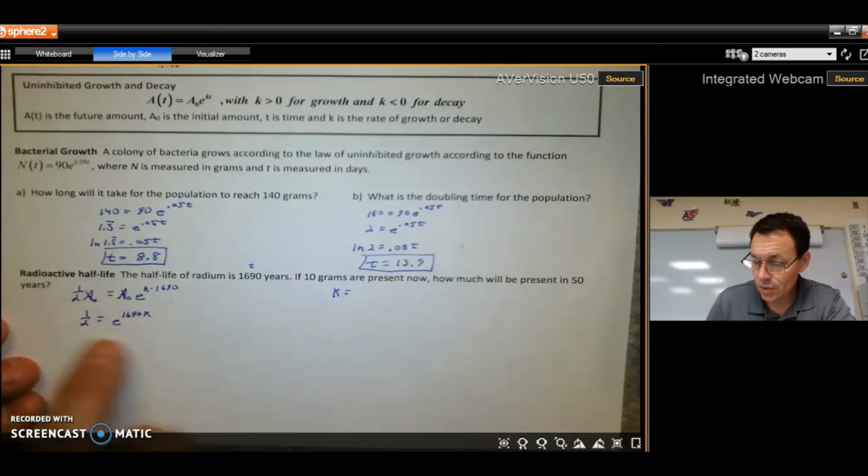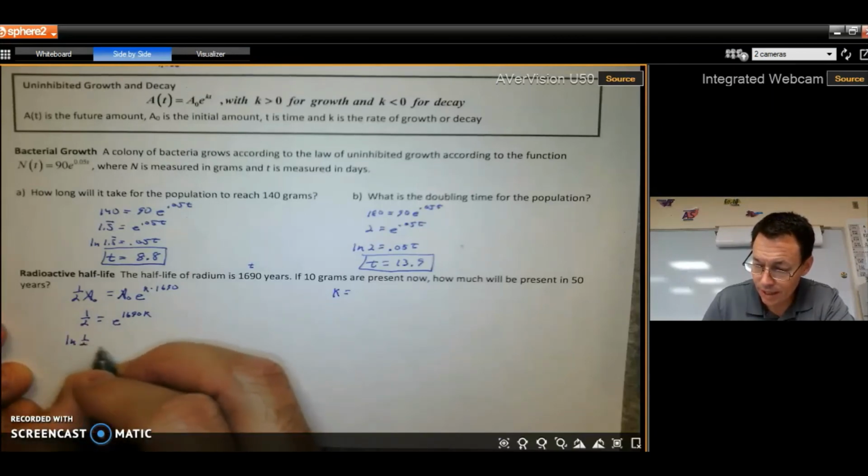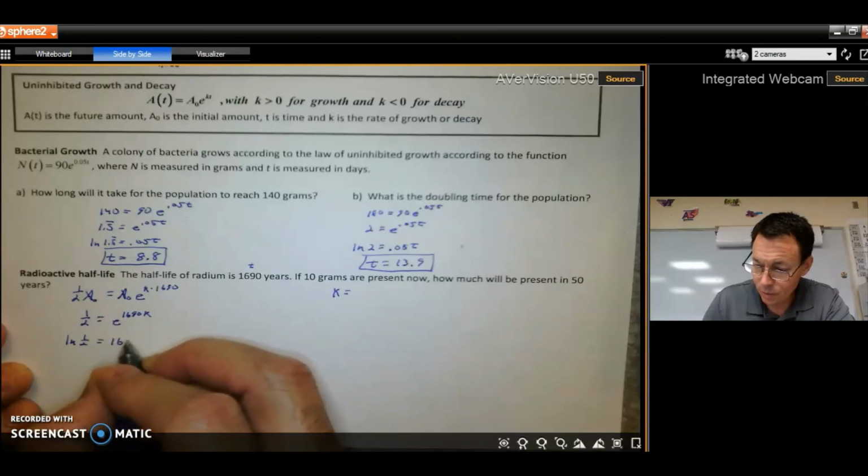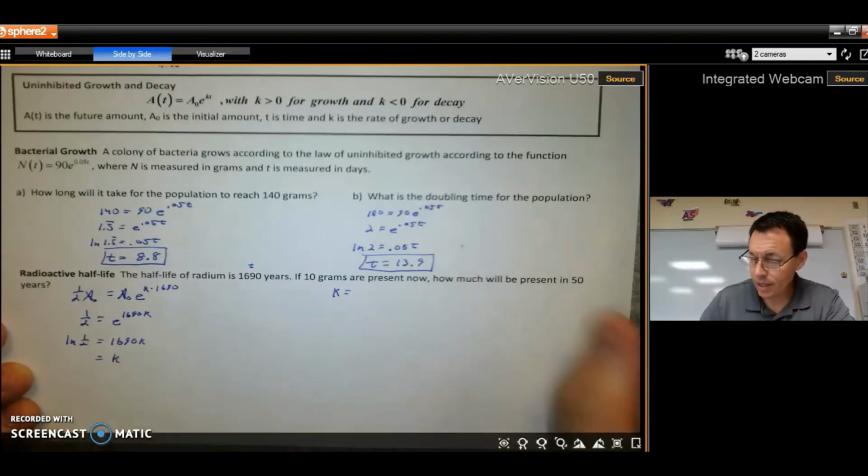Okay, I just need to do this, and this is now a calculator problem. Take the natural log of 1/2, divide it by 1,690, and that'll be our K value.